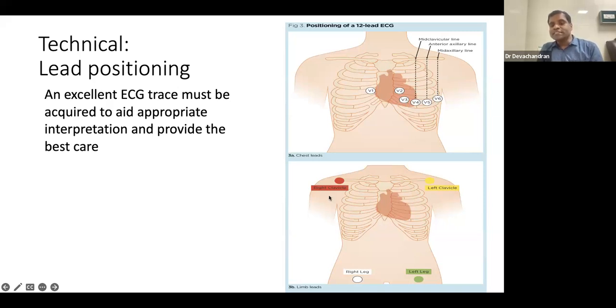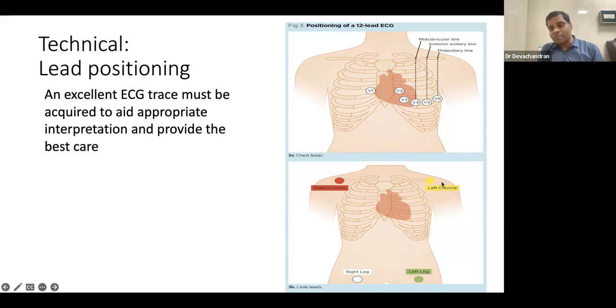So the limb leads: when you place the augmented leads, then automatically the limb leads will come into place. You will quite often see the red clip, red for right. The red clip goes on the right side, the right wrist. The yellow clip goes on the left side, the left wrist. The green clip goes on the left foot. That is the left leg lead.